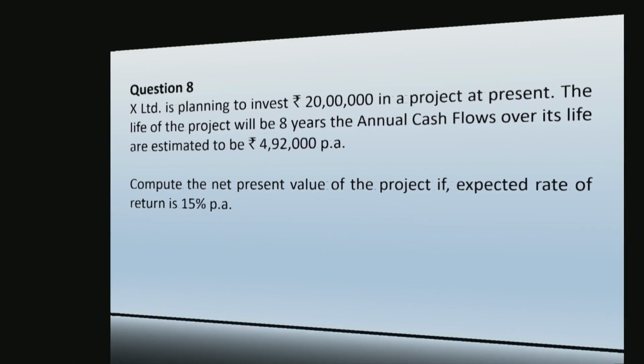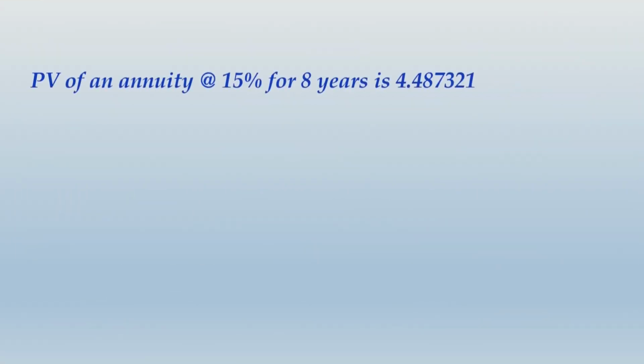So let me show you how to present the solution over here. You first write that PV of annuity at 15% for 8 years is 4.487321. So if you want to check how we got this, let us check it again. 1 divided by 1.15, I am pressing equal to 8 times. 1, 2, 3, 4, 5, 6, 7, 8.